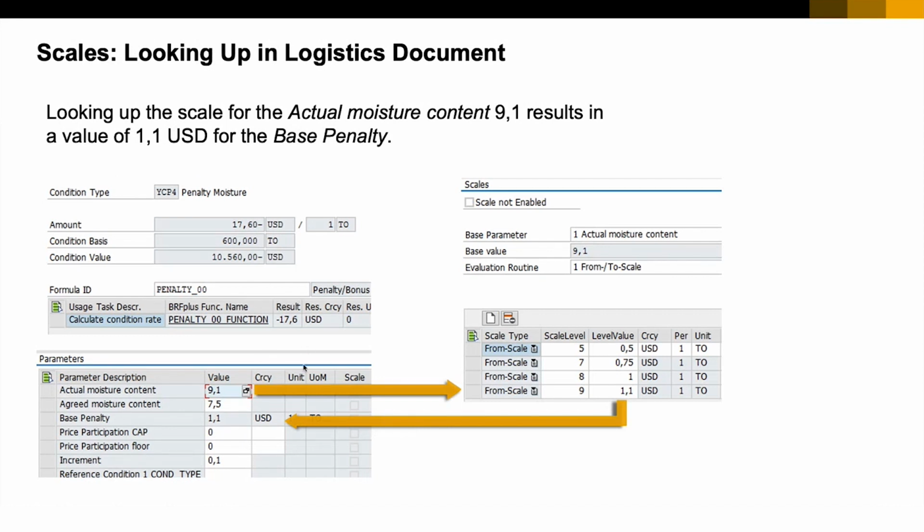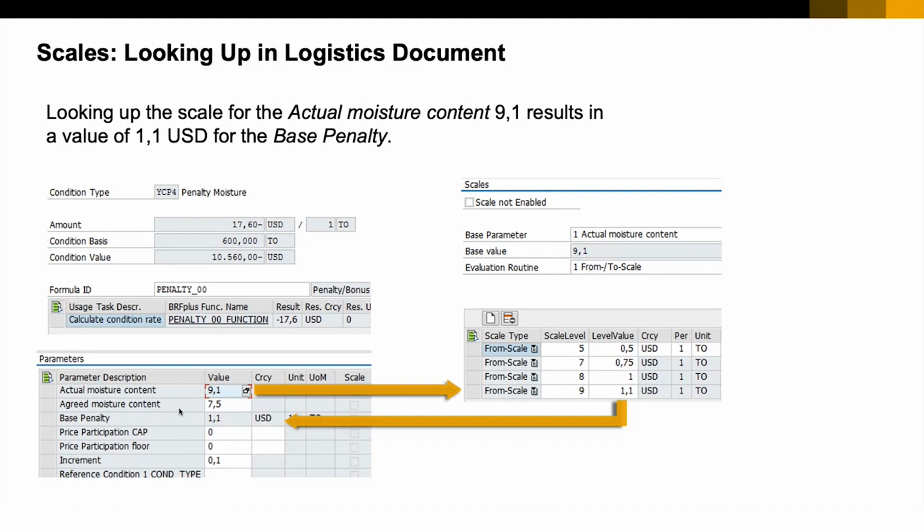So what happens here? Now I have selected, this is the scale information. The agreed value was 7.5, but the actual moisture content was 9.1. So this immediately falls between the scale 7 to 9 or 8 to 9, whatever that is. For anything above 9, the base penalty to be applied is 1.1. So this automatically gets captured from the scale table directly.